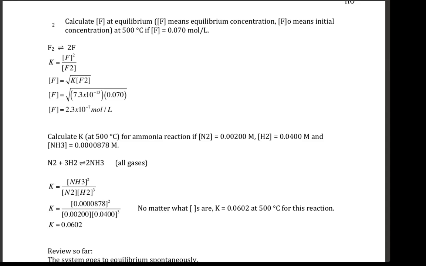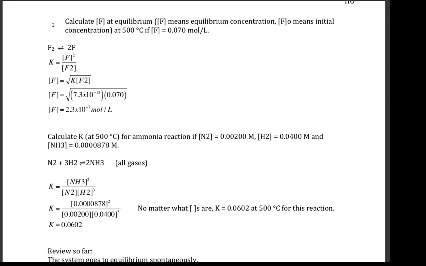Okay, our next problem is calculate the fluorine concentration at equilibrium, where F in square brackets corresponds to the equilibrium concentration of F. If we had written F naught or F sub I, then we mean the initial concentration of the fluorine atom. So if we simply have a chemical with the square brackets around it, we mean its concentration at equilibrium.